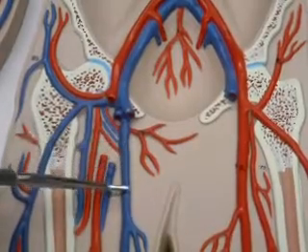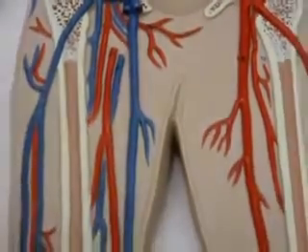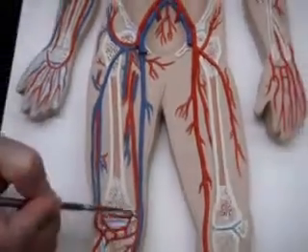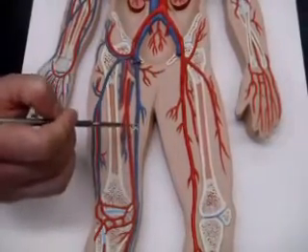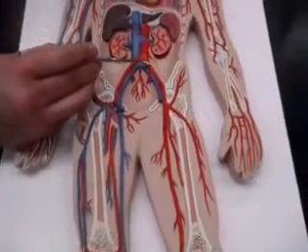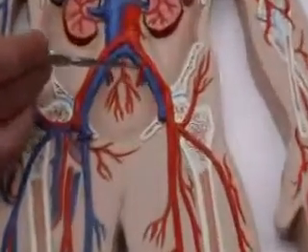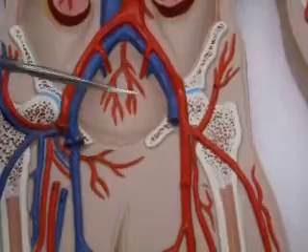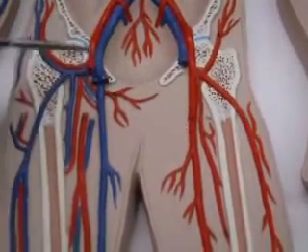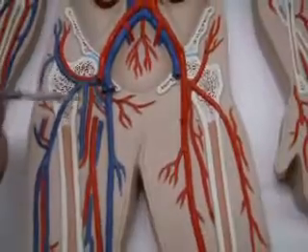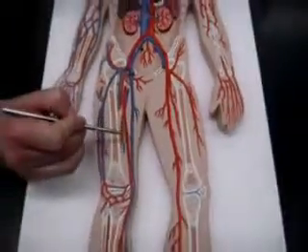Because this guy right here, and it continues all the way down the leg, probably went off screen now, but this is the greater saphenous vein. So we have the common iliacs, internal iliacs, external iliacs, outside the abdominal pelvic cavity. Now these are femoral, so that's a femoral artery. This is a femoral vein, and then this is the greater saphenous right here.